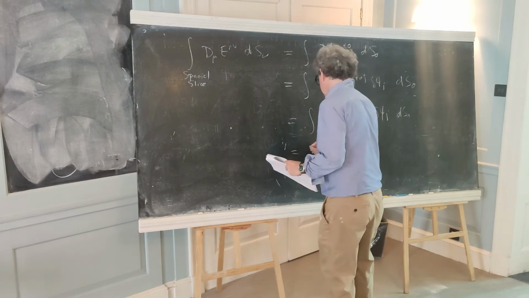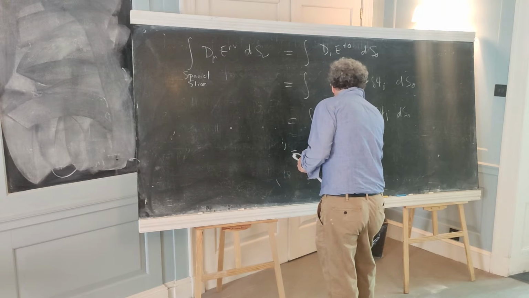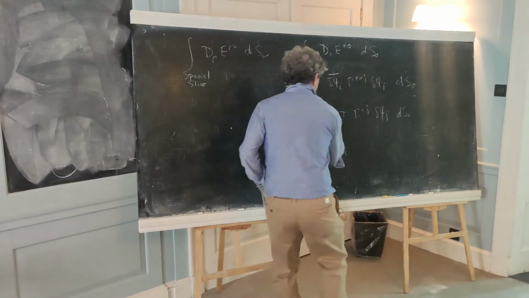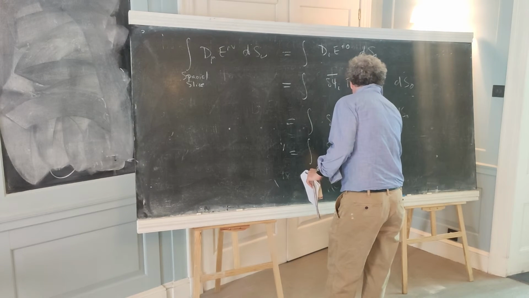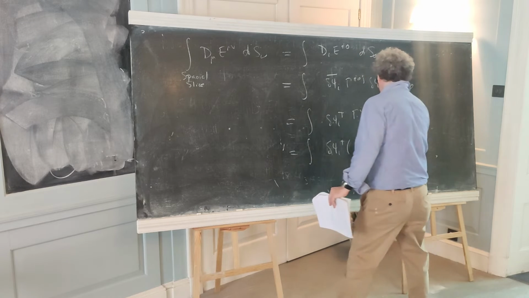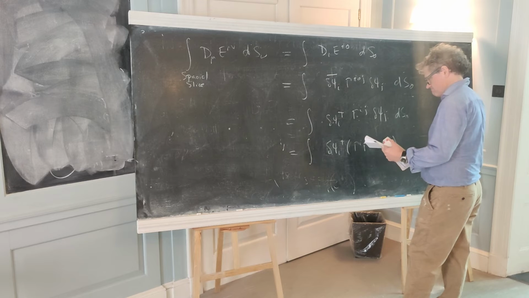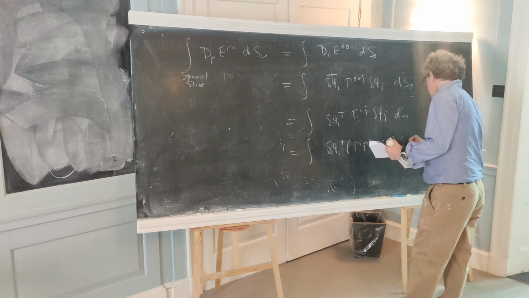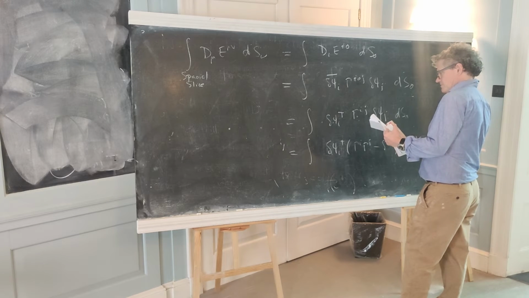And then I can write this as γ^i δψ_i. Well, let me do one more step in between. All right, this is γ^i γ^j minus δ^ij, δψ_j dS_0. Now I'm wondering about my signs. Hold on.